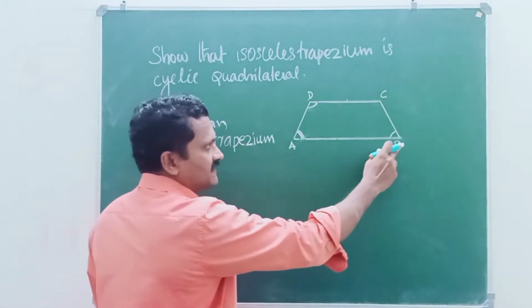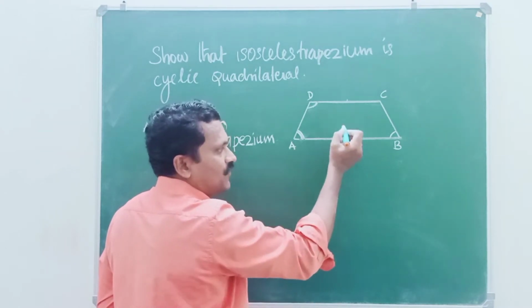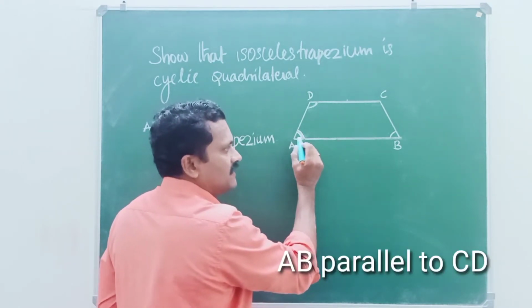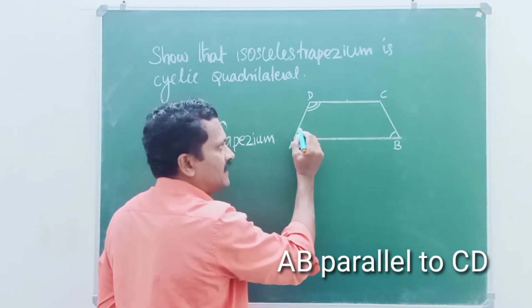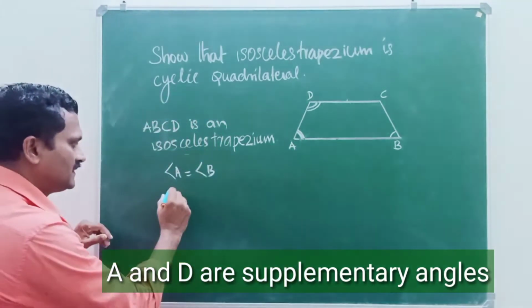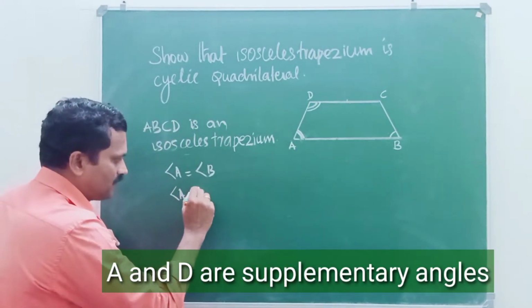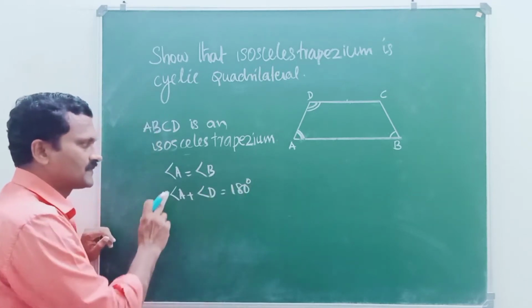Since ABCD is a trapezium, one pair of opposite sides is parallel. That is, AB is parallel to CD. Therefore, angle A and angle D are supplementary. That is, angle A plus angle D equals 180 degrees.